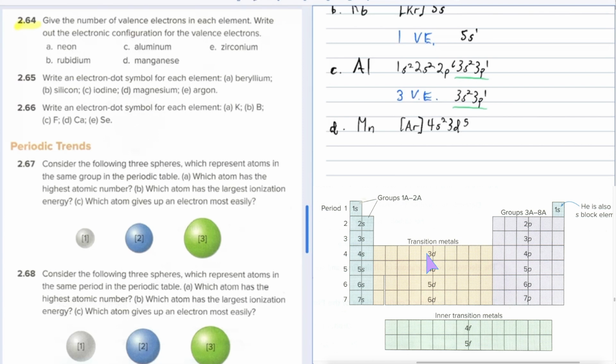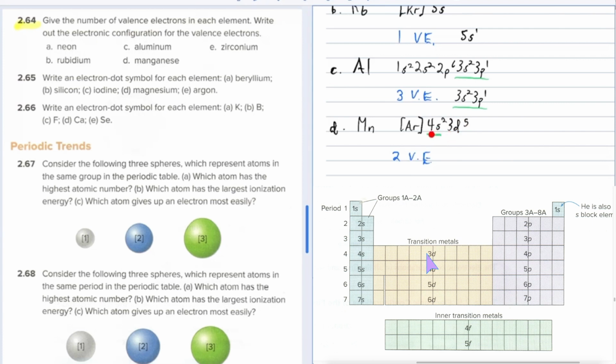Now, what are the valence electrons? The valence electrons are the highest energy level electrons, and these are in energy level 4. So you can see there's only 2 of them. 2 valence electrons for manganese. These are not valence electrons; these are in energy level 3.